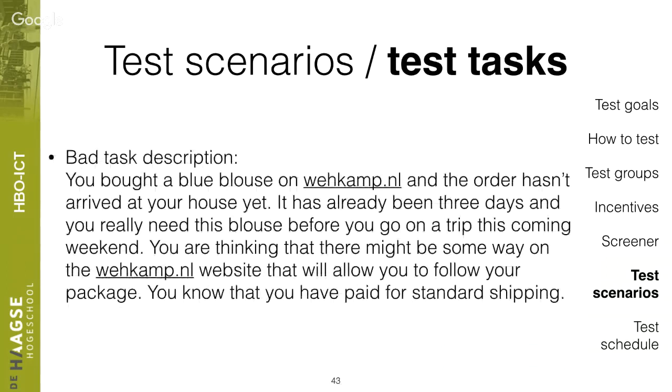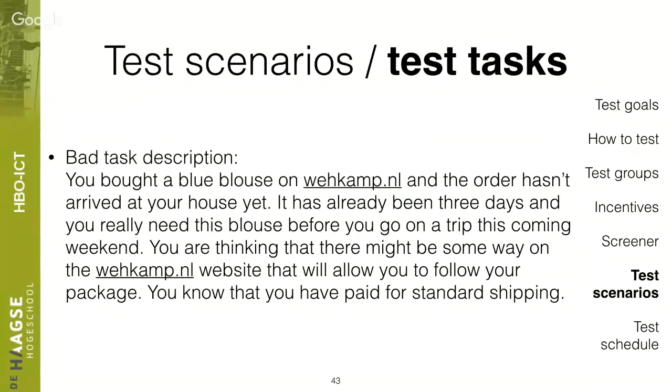Okay, this one is a little bit long. What's the problem here? Too much text that isn't necessary, right? So is it really necessary that it's a blue blouse? No, I don't think so.